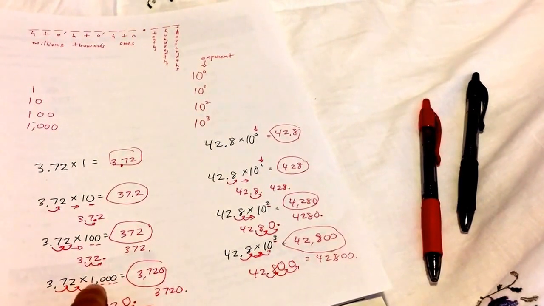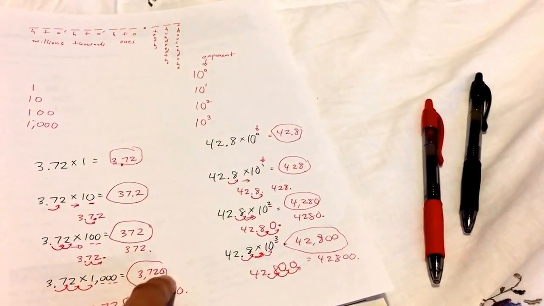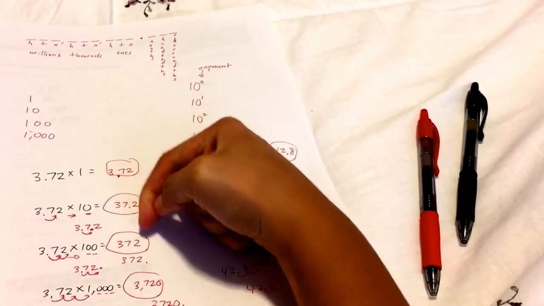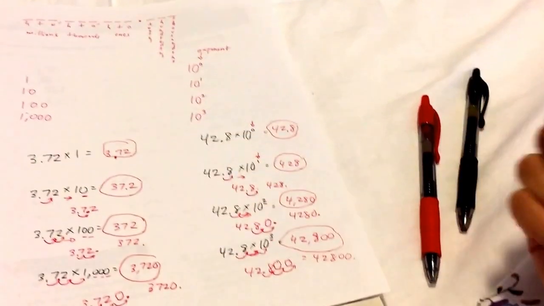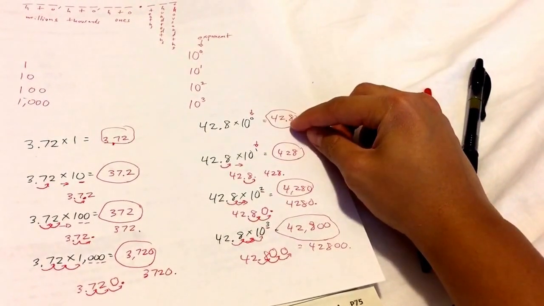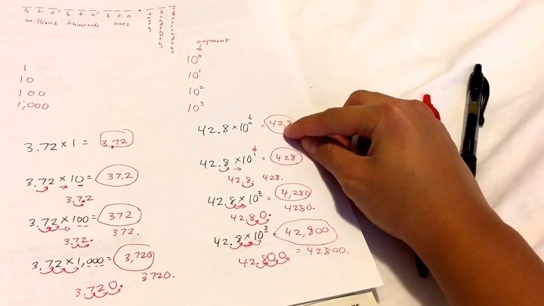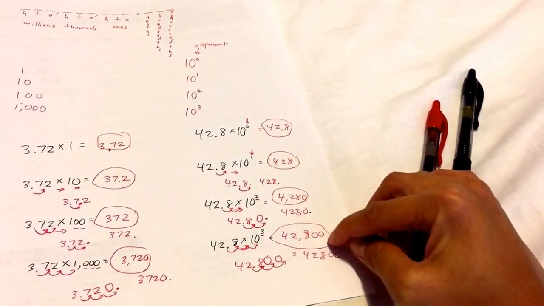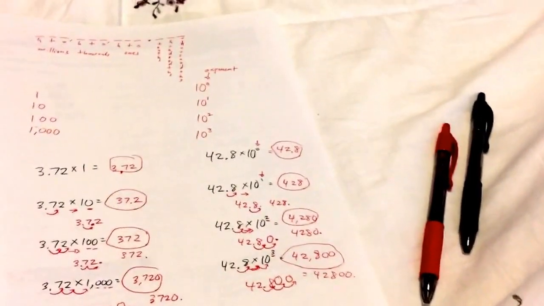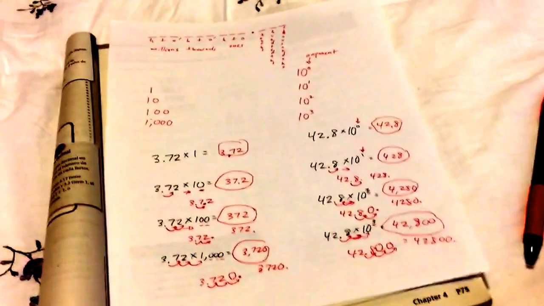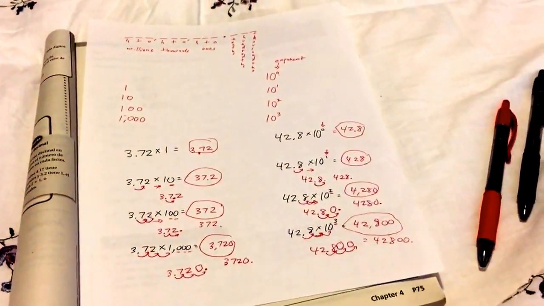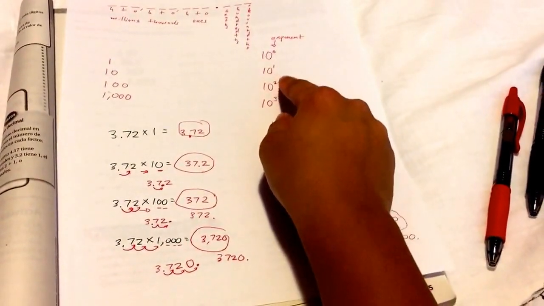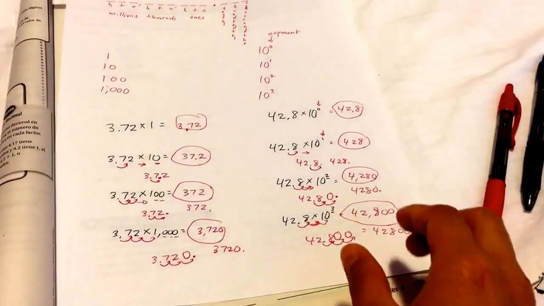And when you multiply by 1,000, it moves just 1 more time, and you're adding a 0 there. Here's the pattern: it is 42 and 8 tenths, then it became 428, then 4,280, and then 42,800. So that's how to do multiplying by 1, 10, 100, 1,000, as well as 10 to the 0, 10 to the first, 10 to the second, 10 to the third.